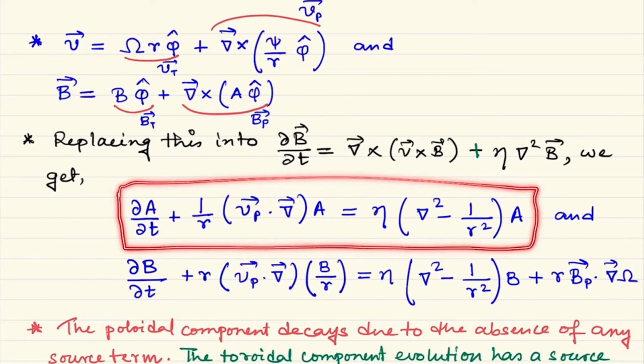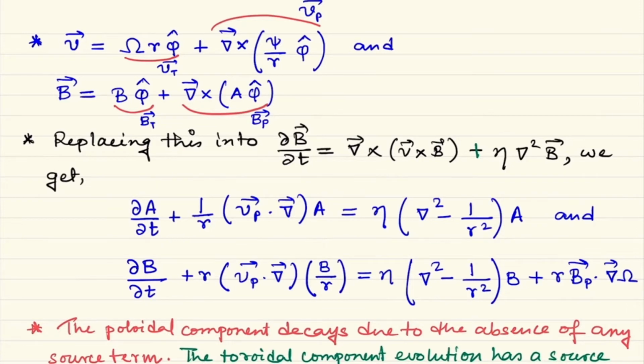So the evolution of A is nothing but the evolution of the poloidal component of B.